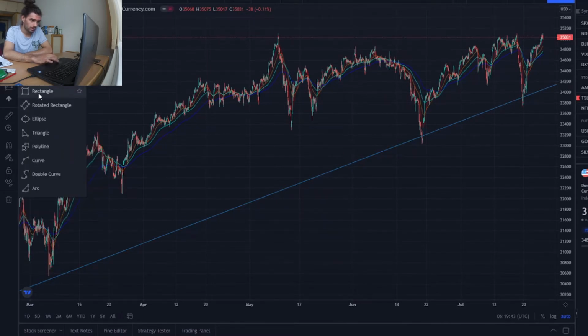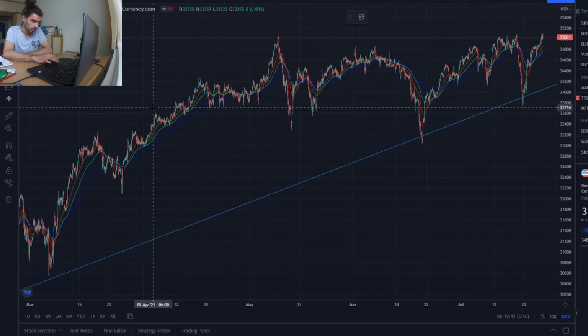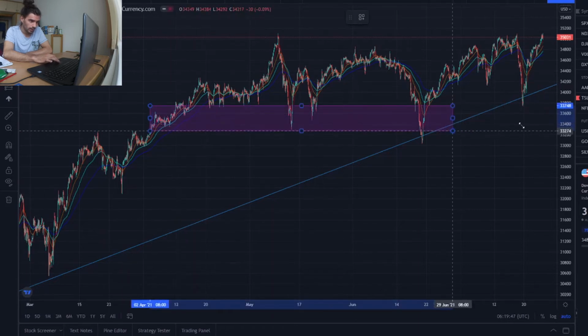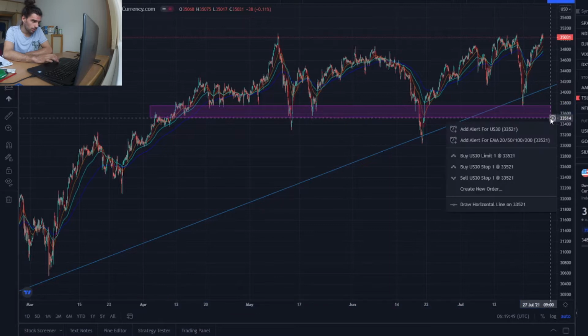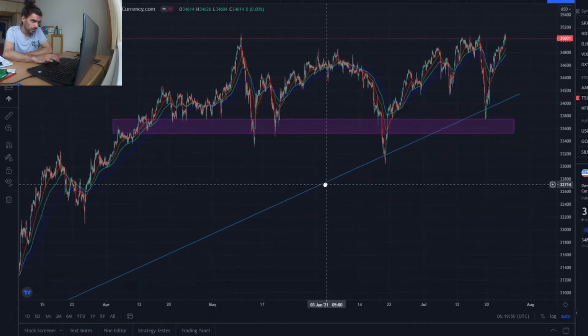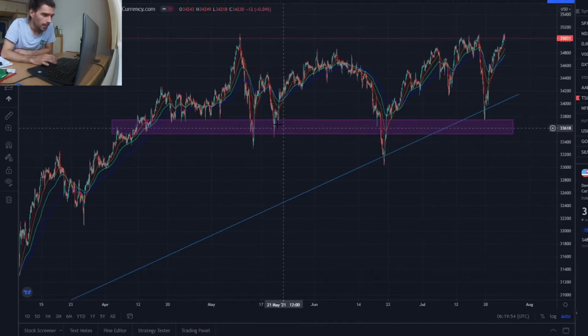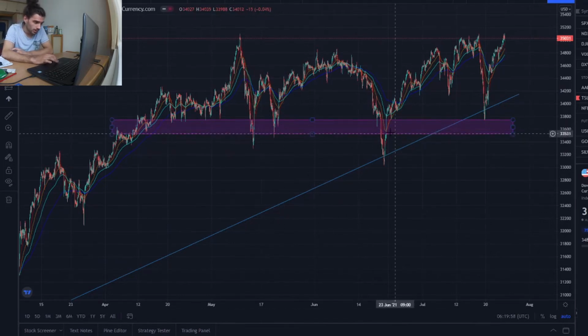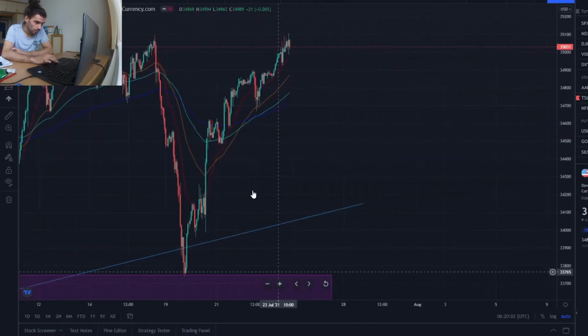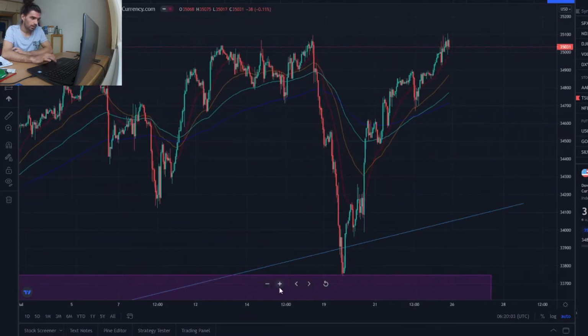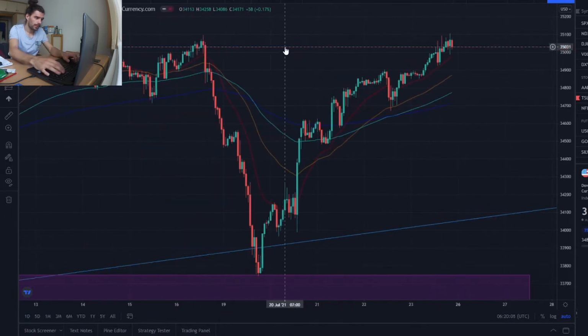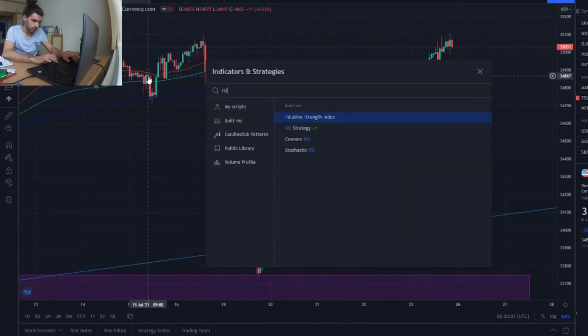Here we came to retest this support line, this support rectangle, and right after that we bounced back from the support level.